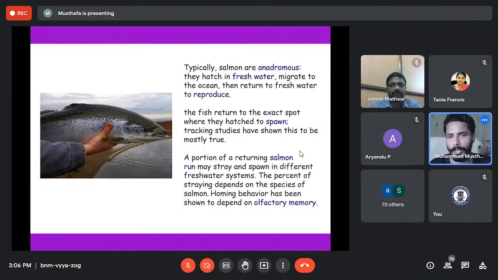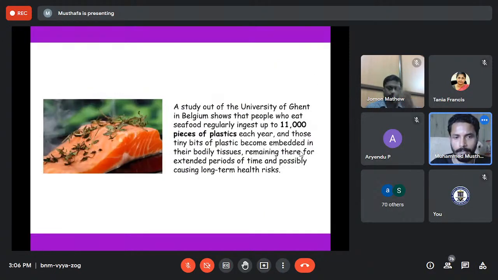It's a very popular fish in the European continent because it has an orange texture. And people have found microplastic particles within the body of the salmon. If you consume this fish, these microplastic particles will find a way into your body, and there they will accumulate, and it will lead to serious health complications in the future. So the danger is knocking on your doorstep. You must be aware of that.